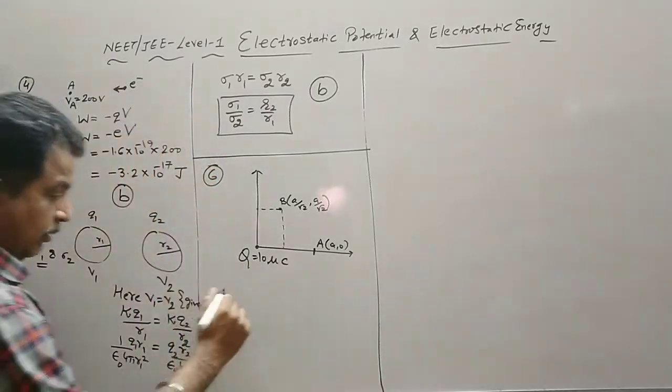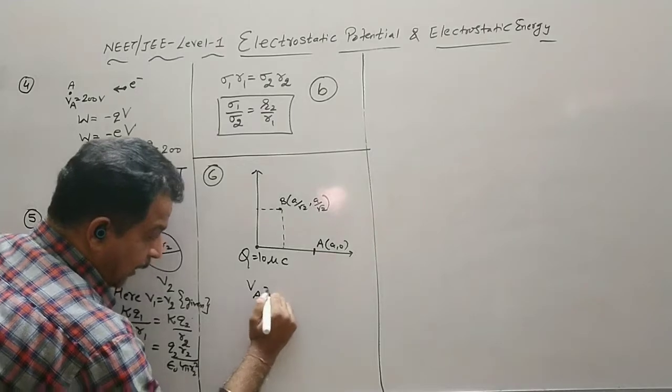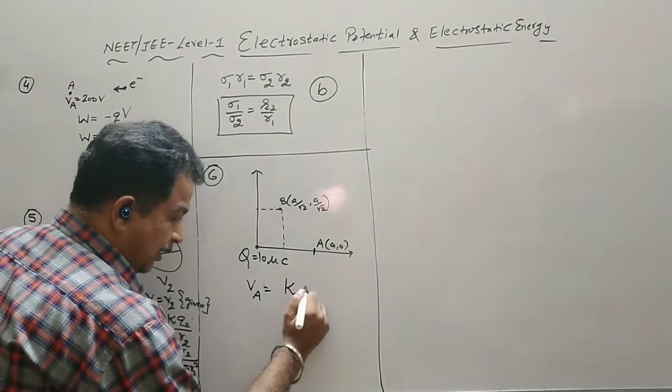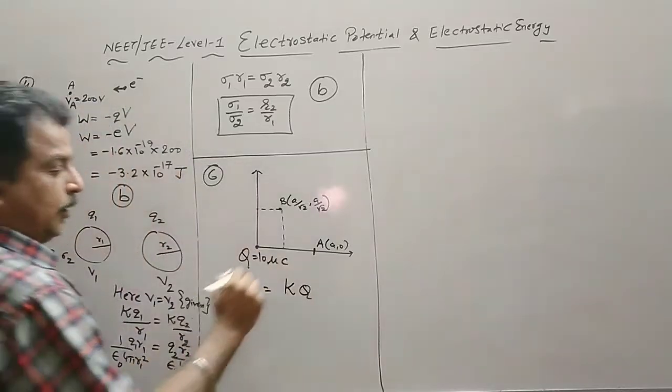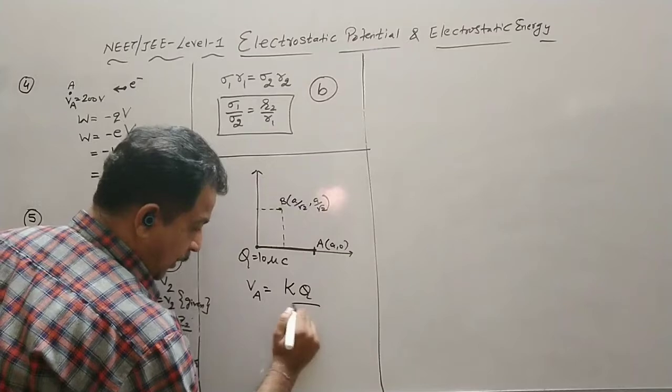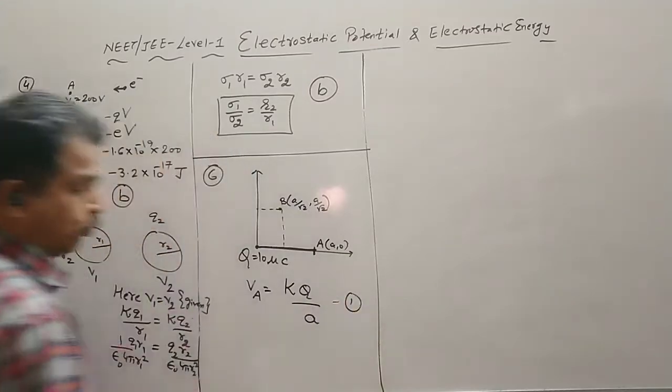So first we find out the potential at A. So potential at A is equal to K source, distance between test and source. So this distance according to the coordinate is A. That is equation number 1.